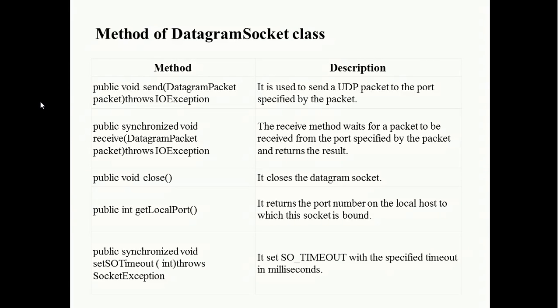It closes the DatagramSocket. Fourth method is getLocalPort. It returns the port number on the local host to which this socket is bound. Means it returns the local port number. And the next method is setSoTimeout. The setSoTimeout method is used to specify the timeout in milliseconds.